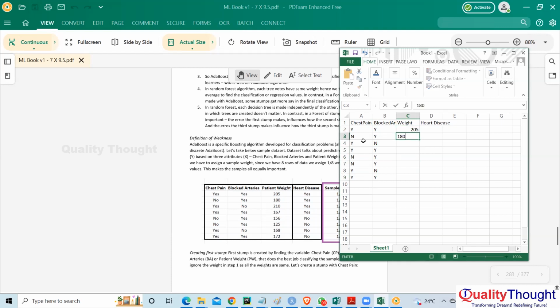Weights: 205, 180, 210, 167, 156, 125, 168, 172. So this is the training data.